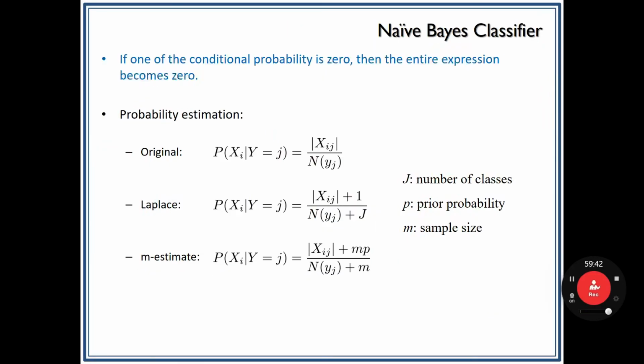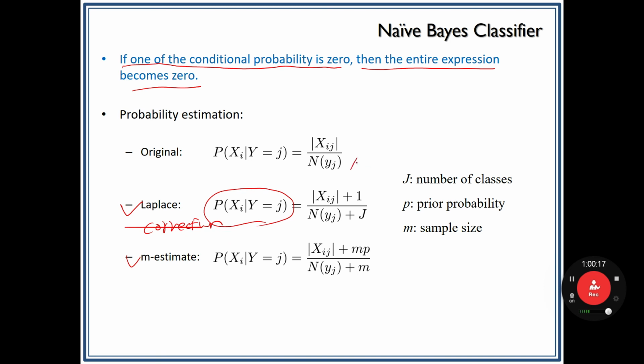So to avoid this risk, the first sentence says that if one of the conditional probabilities is 0, then the entire expression becomes 0. So to avoid this, what we do is these two things. The first one is called Laplace correction, and the second one is called M-estimate correction. Okay, we make a little correction when we estimate a conditional probability.